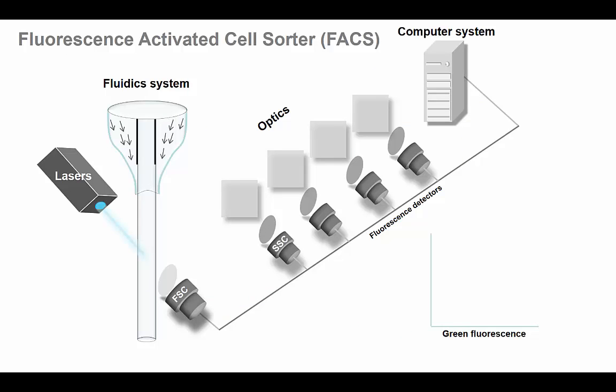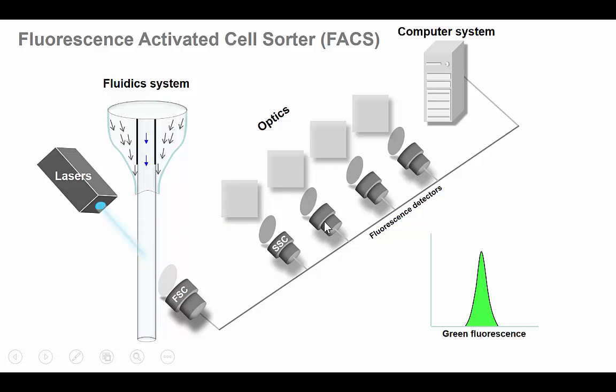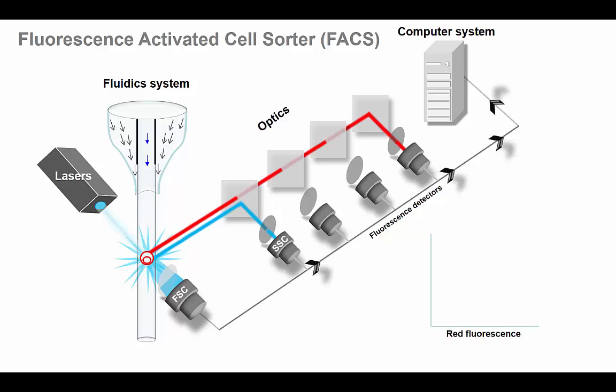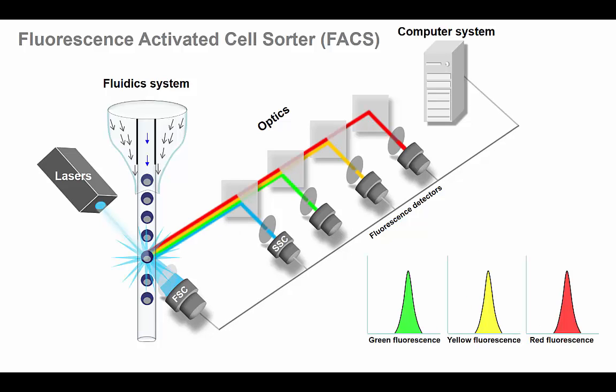The flow cytometer not only generates scattering information, it can generate fluorescence information too. By adding fluorescent molecules to the cell, it's possible to detect those fluorescence signals. In this case, this was green. If you label with a red fluorescence, of course, you can detect red fluorescence. This can be expanded to multicolor analysis utilizing different dichroic mirrors and multiple detectors.